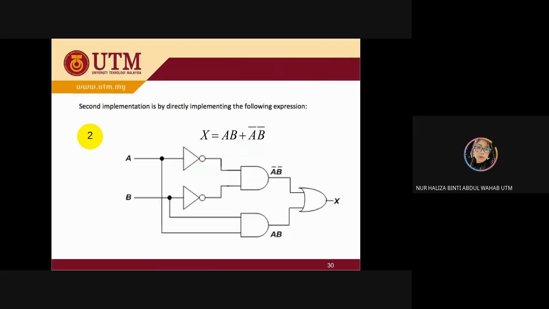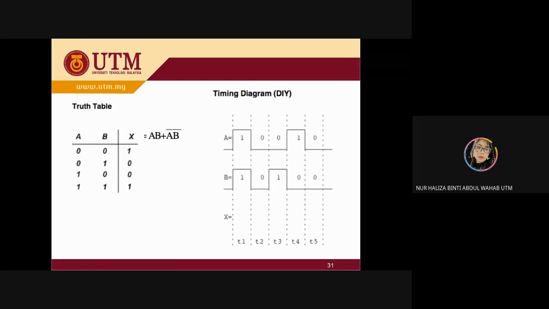Let's take a look into the example here, second implementation. You put it here and you're going to have this equation. If you have similar inputs, then you will get 1. So this one is similar, this one is similar, this one is similar.